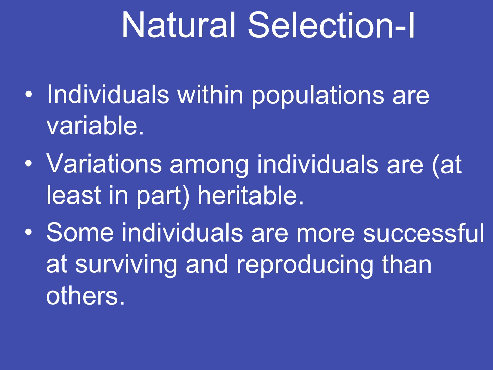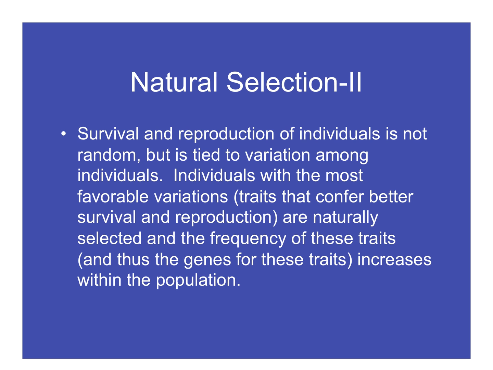And then, remember what he got from Malthus: all individuals aren't the same with respect to their realized contribution to the next generation. They don't all pass on their genes at the same level. That varies from individual to individual. And so, this is the differential reproduction.